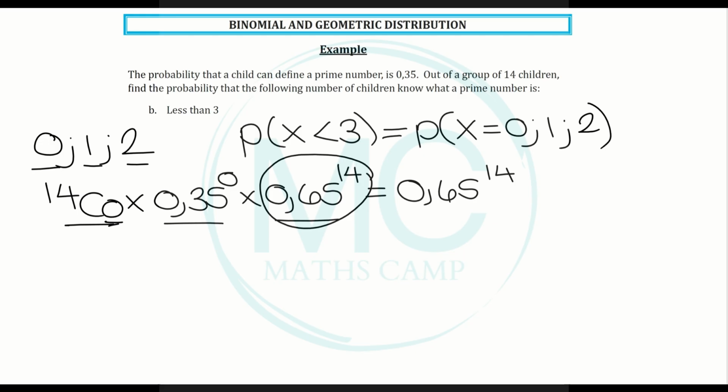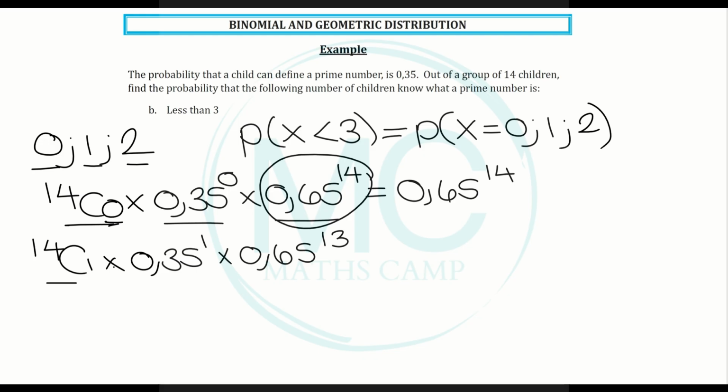Now let's find the formula when X is 1. So I can say 14C1 multiplied by 0.35 with an exponent of 1 multiplied by 0.65 with an exponent of 14 minus 1, which is 13. Again, when working with nCr, if r is 1, nCr is n. So now we have 14 multiplied by 0.35 with an exponent of 1.